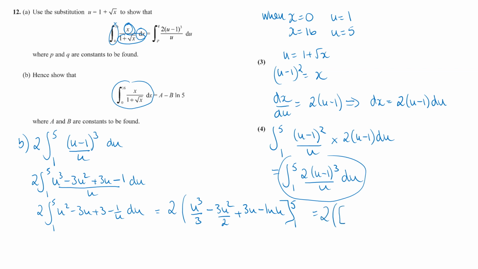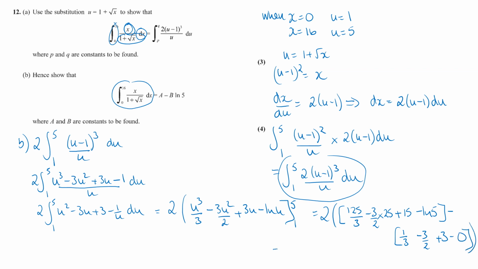So 5 cubed, 125 over 3 minus 3 over 2 times 25 plus 3 times 5, 15 minus the ln of 5, and then put the 1 in. 1 over 3 minus 3 over 2 plus 3 minus the ln of 1, which is 0.